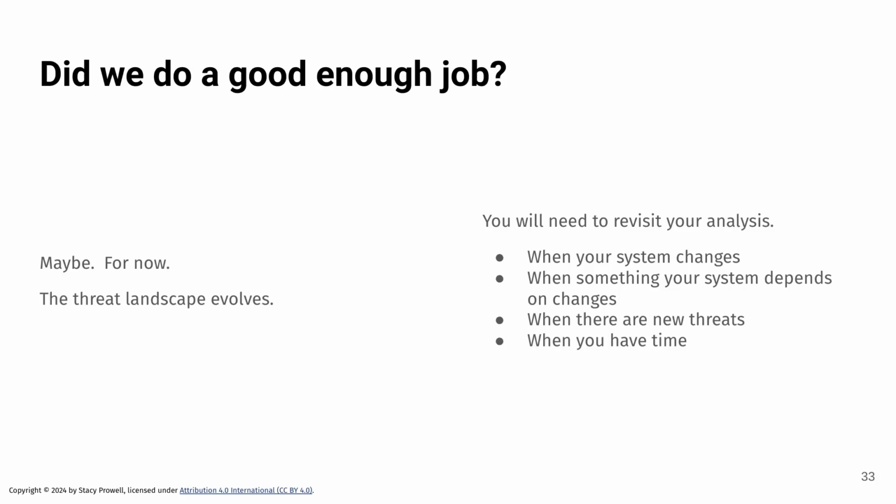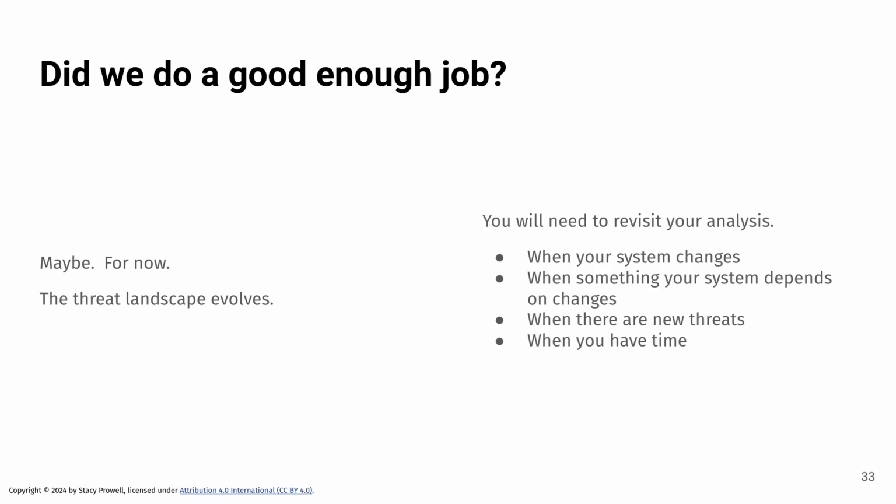And when you do that, you need to revisit your analysis, because you can make changes that break your former security. We've seen that in some of the examples, and we'll see it in more yet to come. When something in your system depends on changes, like an underlying library, you may have to go back and redo the analysis, right? Because yesterday, that combination was secure and you felt confident about it.